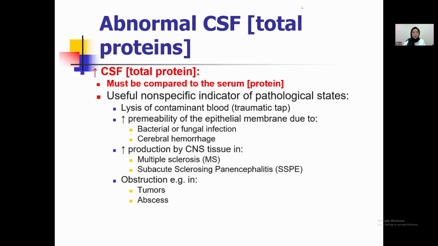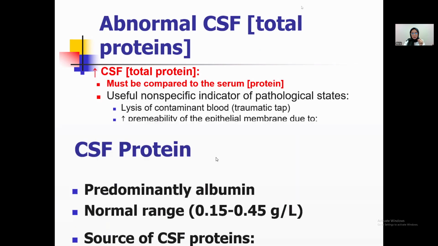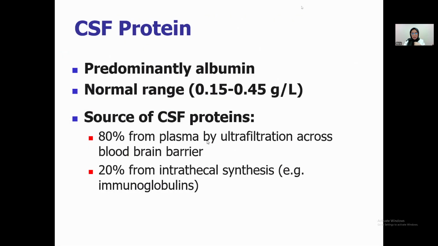Let's talk about the most important, most famous one here, multiple sclerosis. At the beginning, IgG either comes from plasma cells within the CSF, or from the blood. Either there is local synthesis or it comes through the blood-brain barrier from the blood. When we have high IgG while albumin is normal, as we said at the beginning, about 80% is mainly albumin because it is a small molecule, and 20% is immunoglobulin.